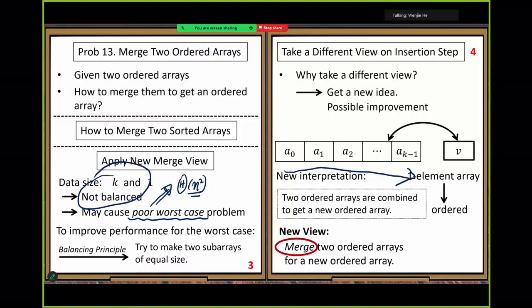Try to make two subarrays of equal size. When we have an odd number of elements, we can split to make the difference of the sizes of the two subarrays 1. That's the best we can do.